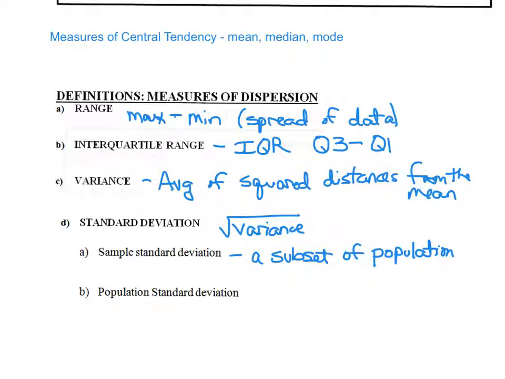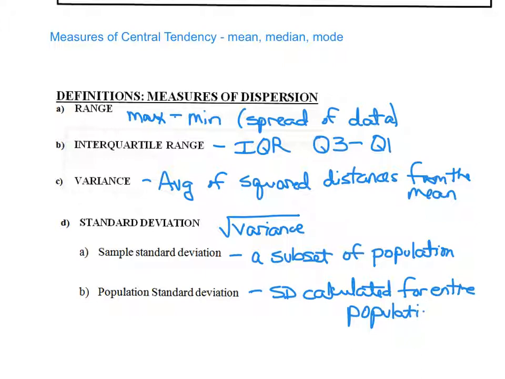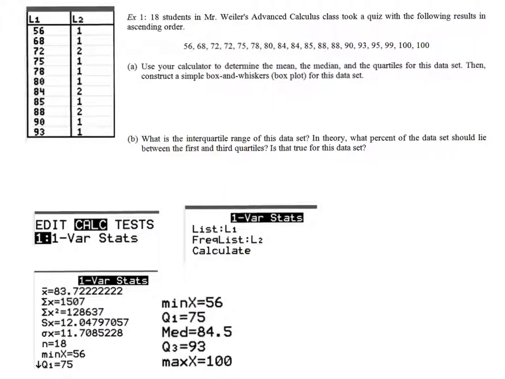If instead we're finding the population standard deviation, that's going to be the standard deviation calculated for the whole population. And again, we're going to see these two quantities when we do our calculations on our calculator.